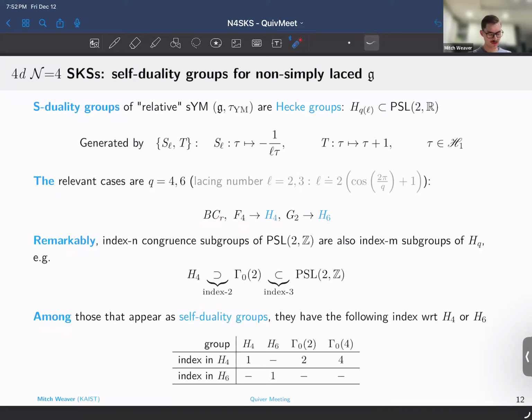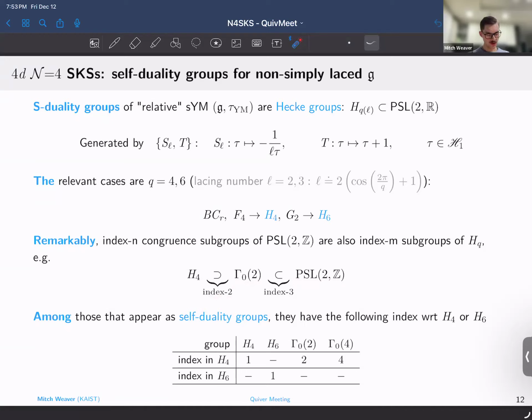Somewhat curiously, all the index n congruent subgroups of PSL2Z also end up being finite index subgroups of these Hecke groups, although the index with respect to the Hecke group might be different. For example, here we have gamma 0 2. This is an index 3 subgroup of PSL2Z, whereas it's only an index 2 subgroup of H4.